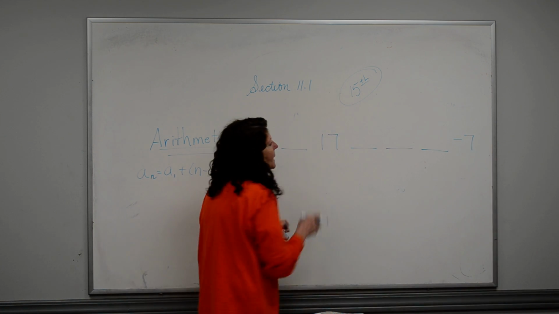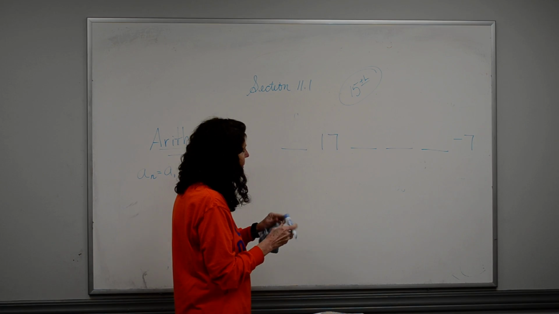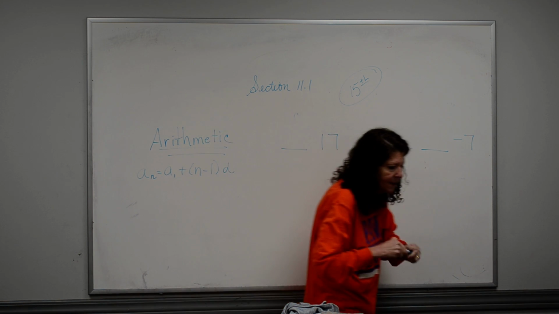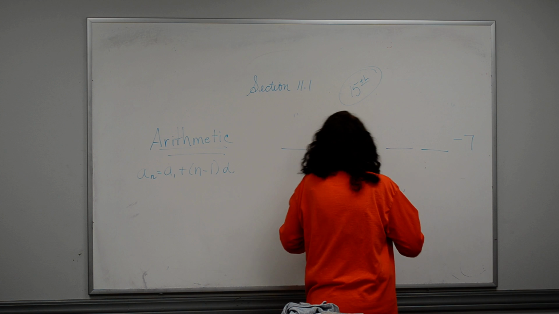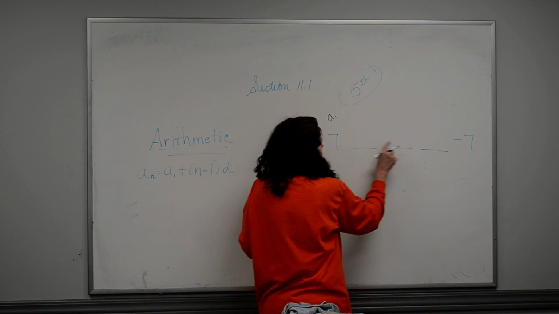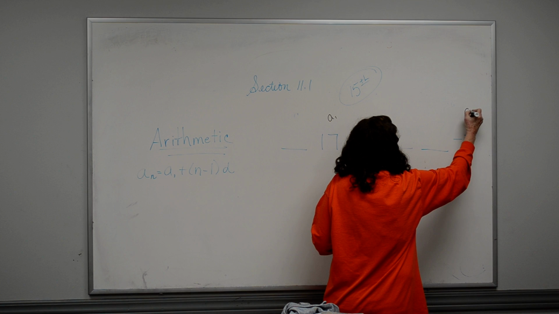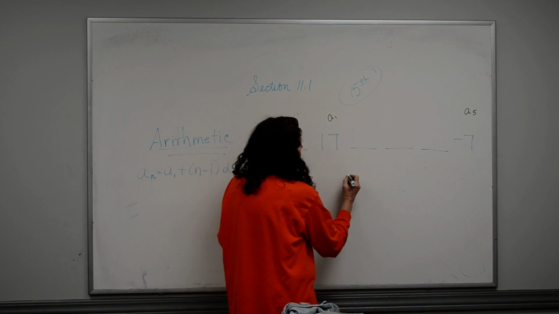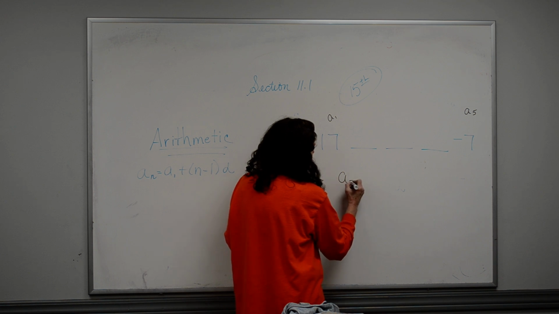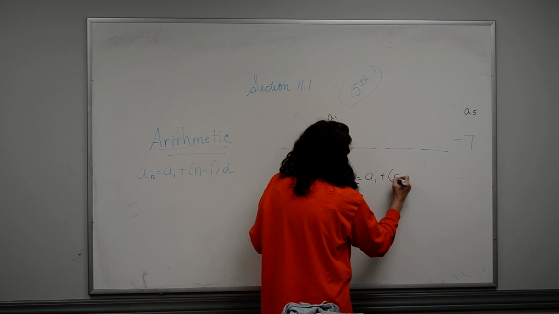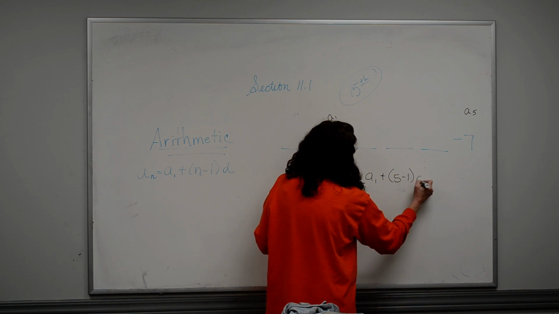Okay, I don't know my beginning term, but what I can do is treat the 17 as if it is my a sub 1. And if you will, I have 1, 2, 3, 4, 5. This would be my a sub 5, and then I can work backwards to get this one. So a sub 5 is equal to a sub 1 plus 5 minus 1 times d.